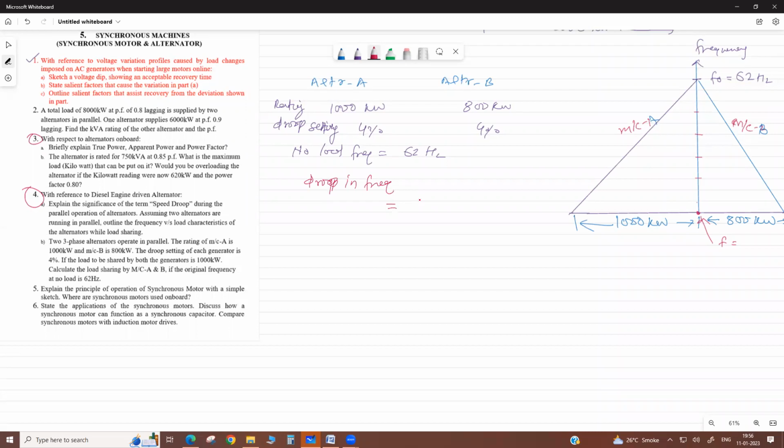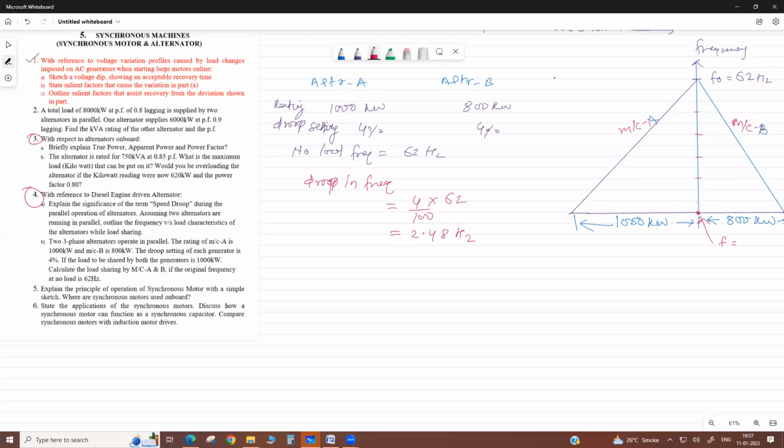Can we calculate? It is 4% of no load frequency. 4% means 0.04. Here it comes 2.48 hertz.